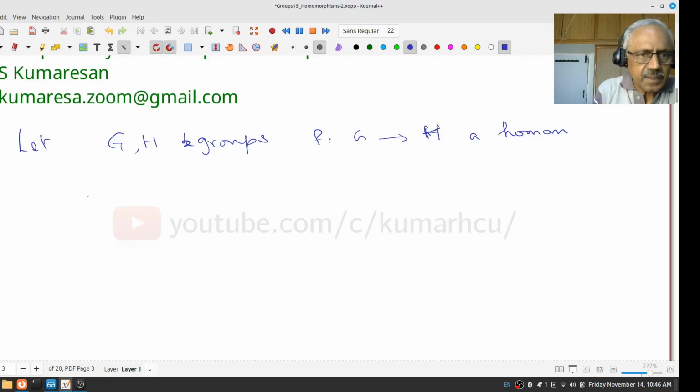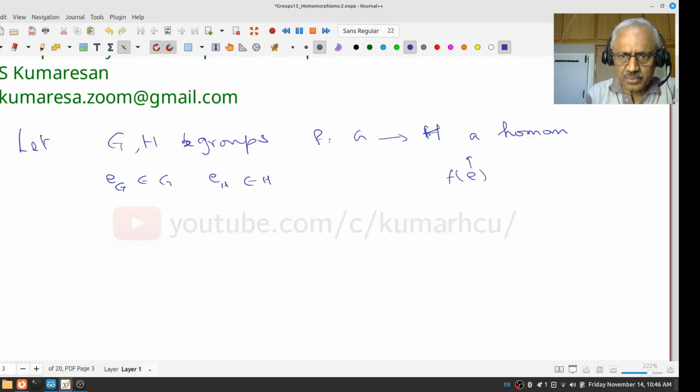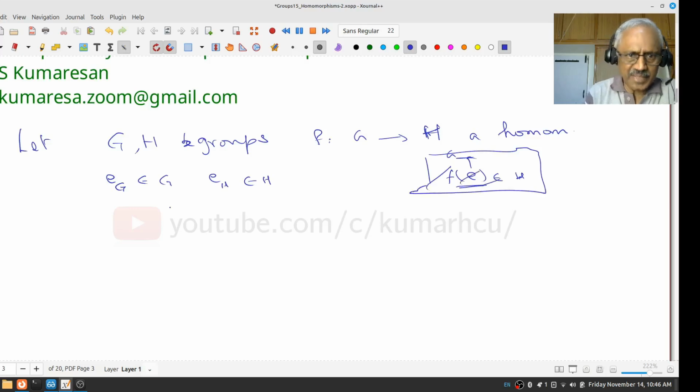For the time being, let e_G denote the identity element of G and e_H denote the identity element of H. Later I will use only e. Context should make it clear. For example, when I write f of e, this e should be in G and this object should be in H. For the time being, I will keep writing the subscripts though.